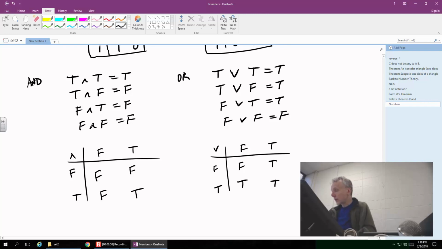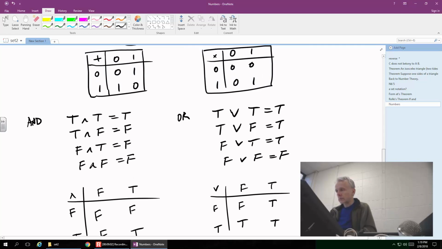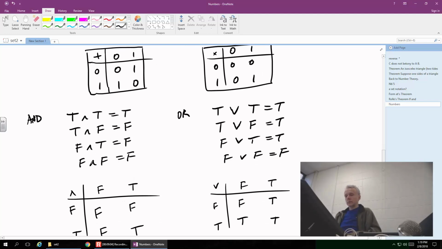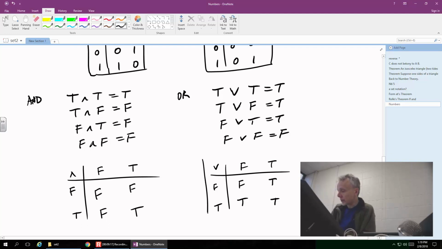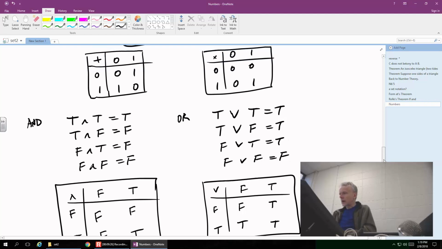Okay, so if you now look at the tables, what do you see? We have two tables here and two tables there. What do you see? That "and" is equivalent to multiplication?